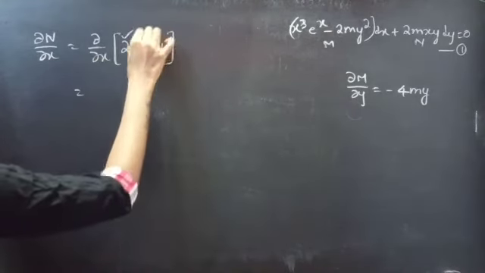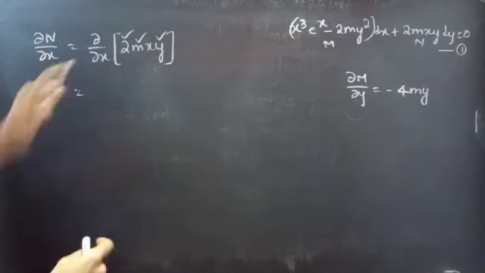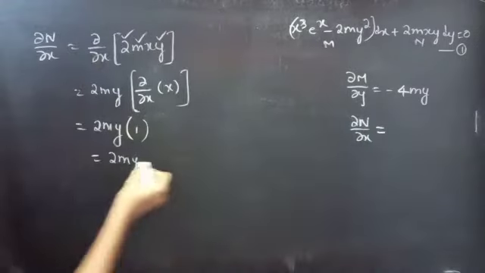Since we are doing partial derivative with respect to x, we'll treat the remaining as constant. So, 2my times the partial derivative of x with respect to x, which is 1, equals 2my. Therefore partial derivative of N with respect to x equals 2my.